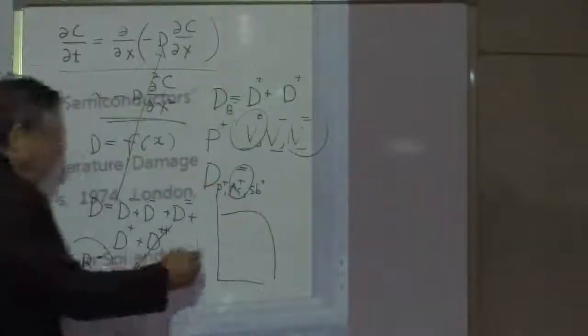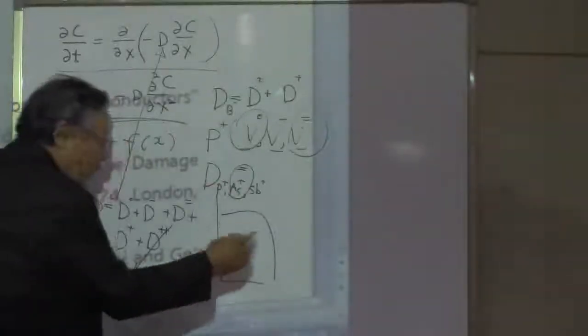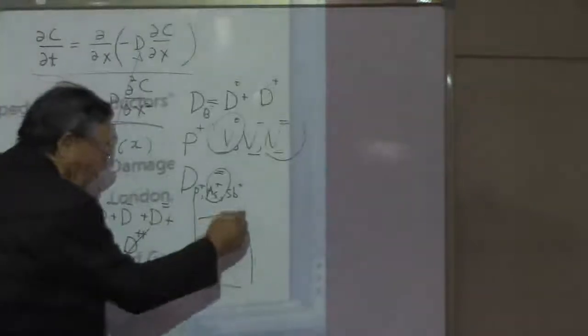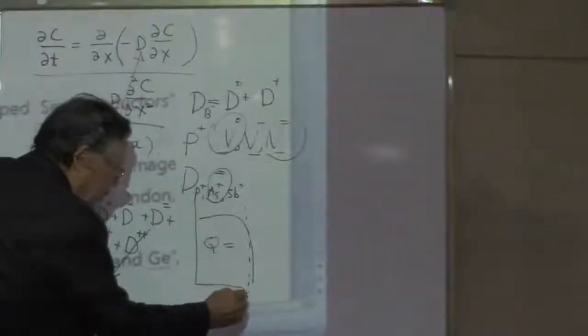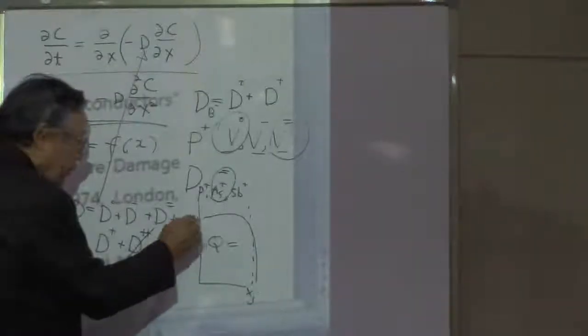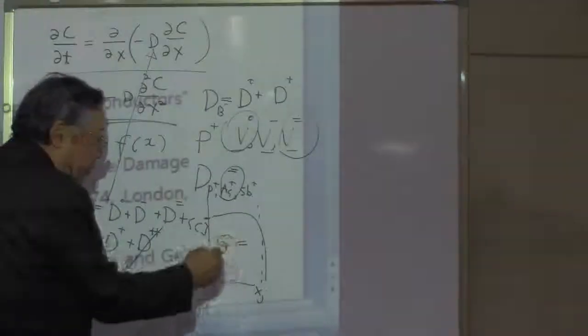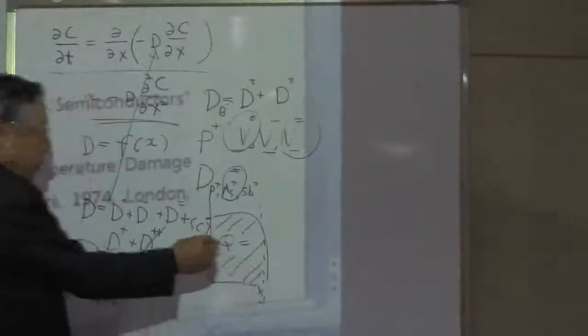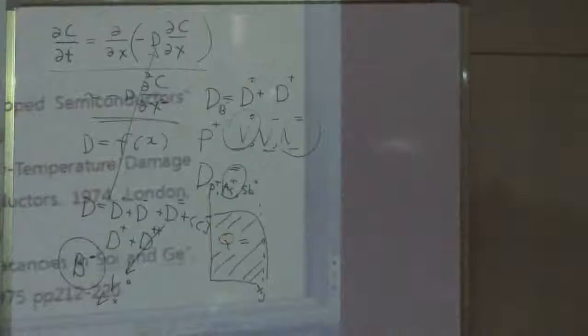So the charges in the arsenic case is just, let's say this is a junction depth, and this is the dopant concentration, and just the area is going to be corresponding to the charges of the dopant atoms.